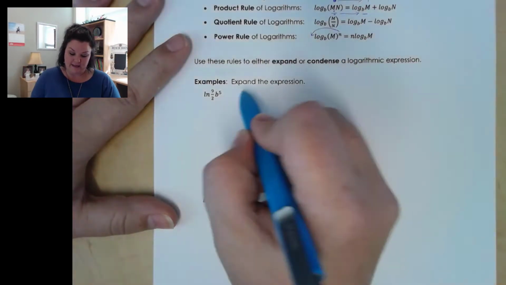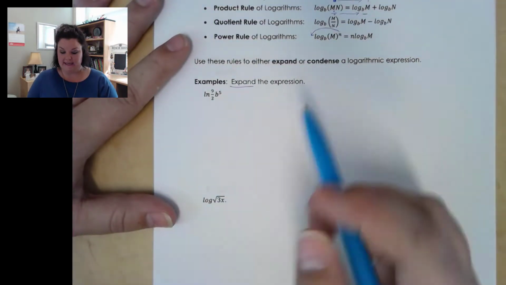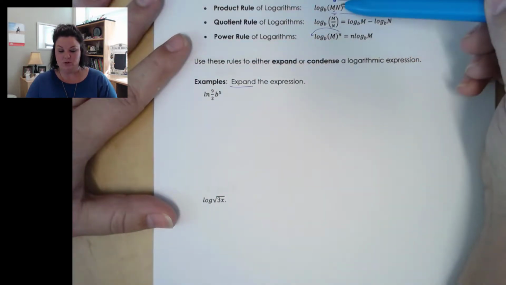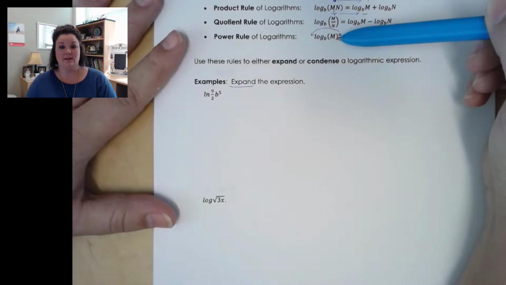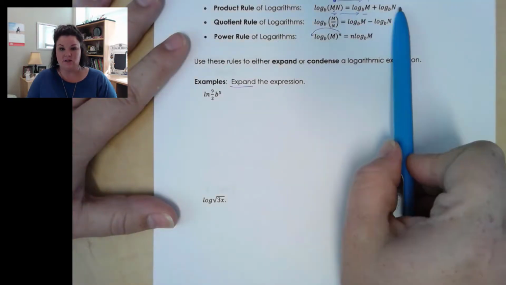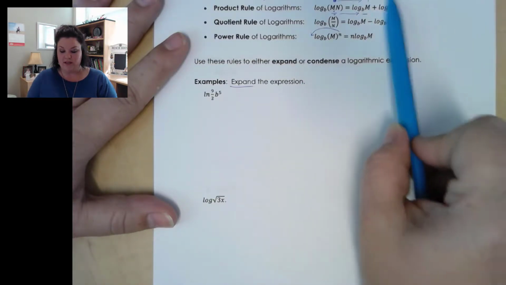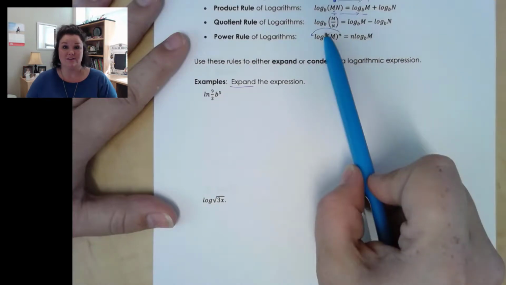First, we're going to look at expanding, okay, and we'll do some examples and some practice, and then we'll look at condensing. So when we look at expanding, we're basically looking for a multiplication, a division, or an exponent inside the log so that we can expand it to look like this side. Okay, then when we get to condensing, we're going to be looking at this side and seeing if we can shrink it back down into one log term.